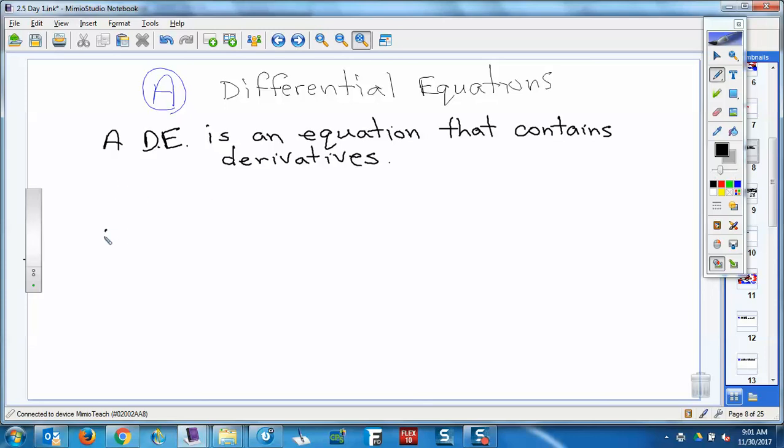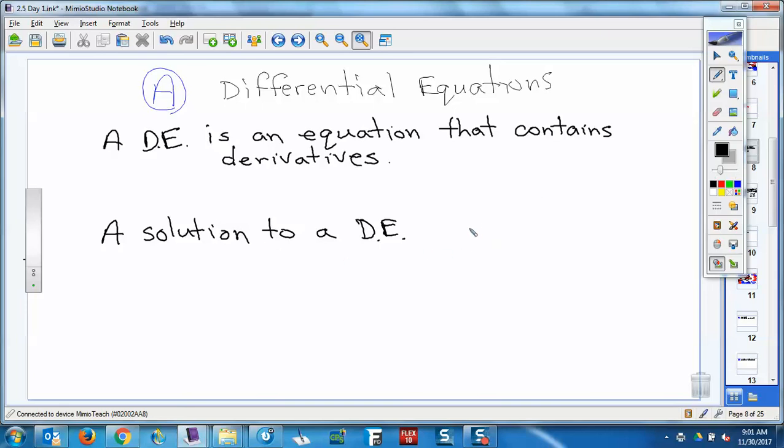So what is a solution? The question here is, what does a solution to a differential equation look like? Well, this is where it gets kind of weird, because this is way different than any equation you've been used to at this point.